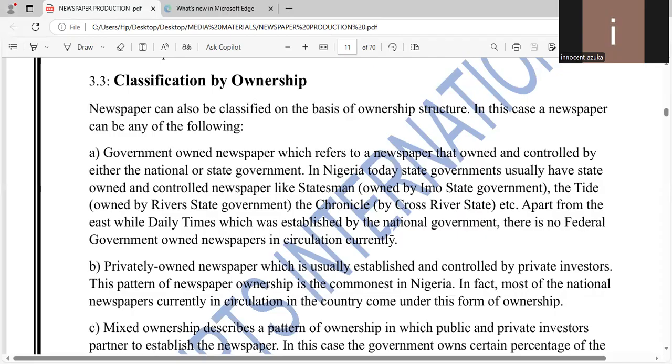In Nigeria today, state governments usually have state-owned and controlled newspapers like Statesman, owned by the Imo State government, the Tide, owned by the Rivers State government, and the Chronicle by Cross River State.